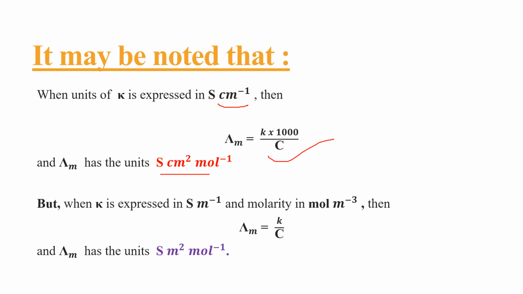But when kappa is expressed in Siemens meter inverse and molarity is in mole per meter cube, the molar conductivity will be kappa upon molar concentration C, and its unit will be Siemens meter square mole inverse. So this is the difference between these two units and these two formulas of molar conductivity.